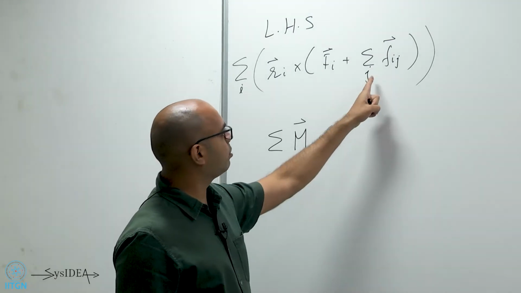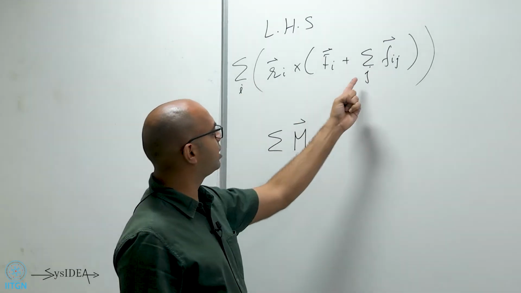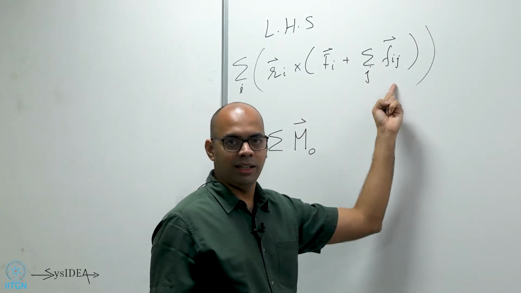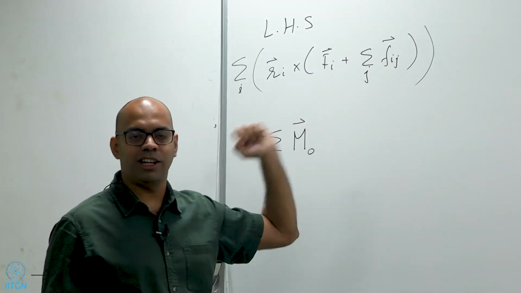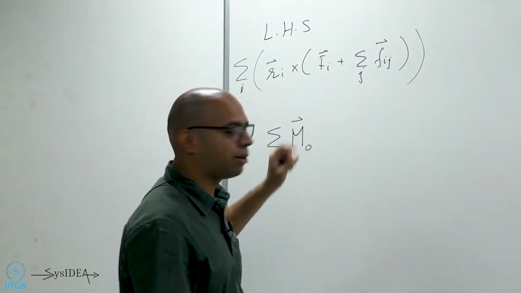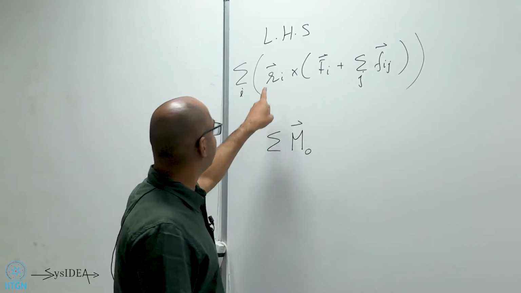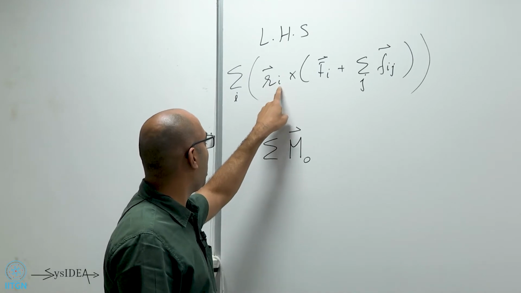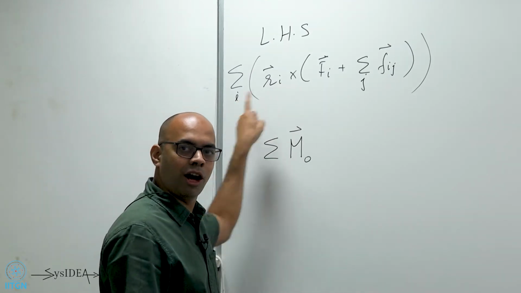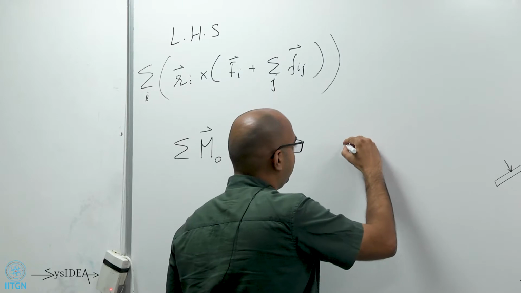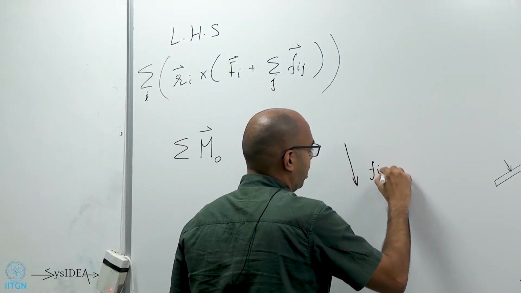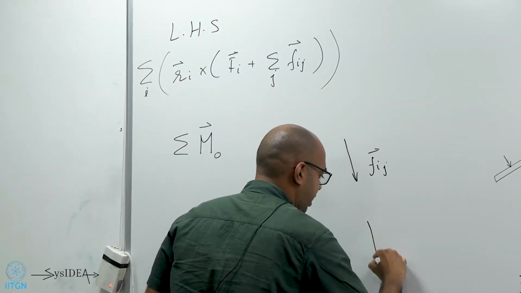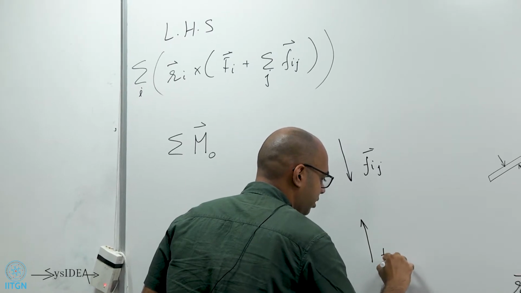Now, we already talked about the fact that if we do a double summation over i, j of Fij, the fact that you have equal and opposite forces makes that summation go to 0. But in this case, we also have a moment here, and that moment arm ri is changing with i. So how is that still 0? Fij and Fji are equal and opposite.